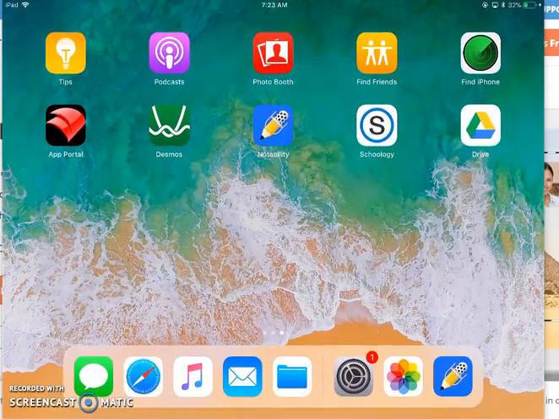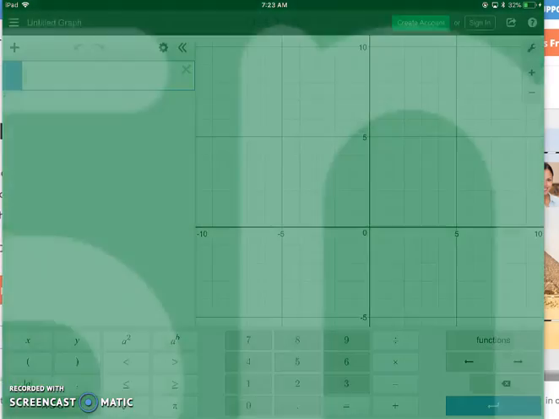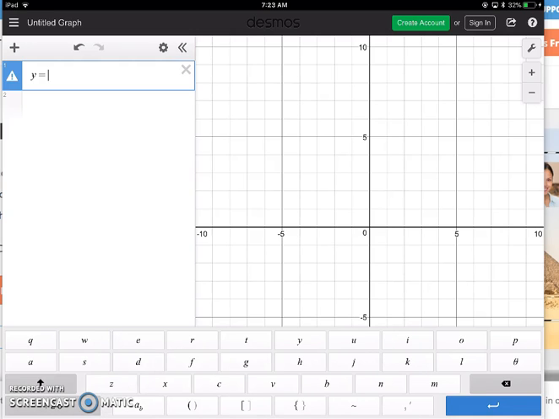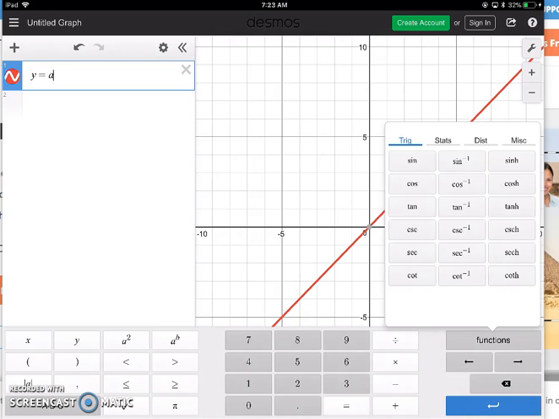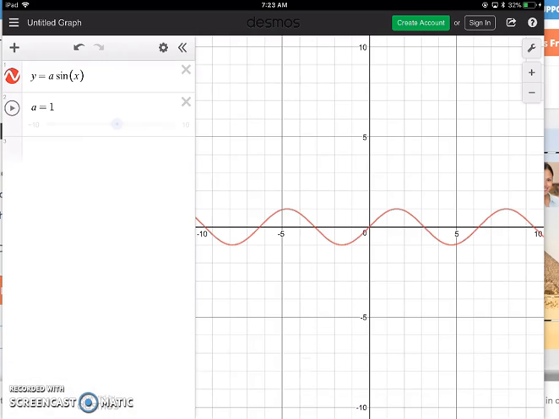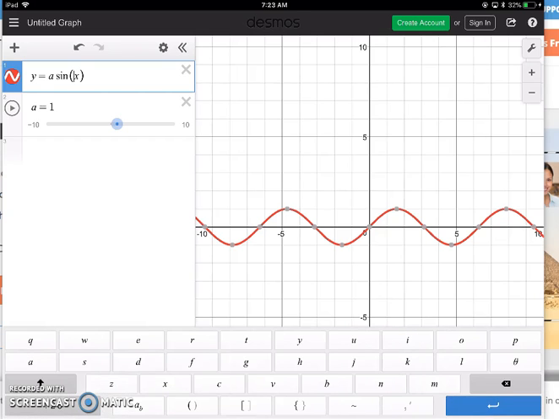So if you bring up Desmos here, y equals A sine of x. And if we add that slider for A, we'll put in a B there too.